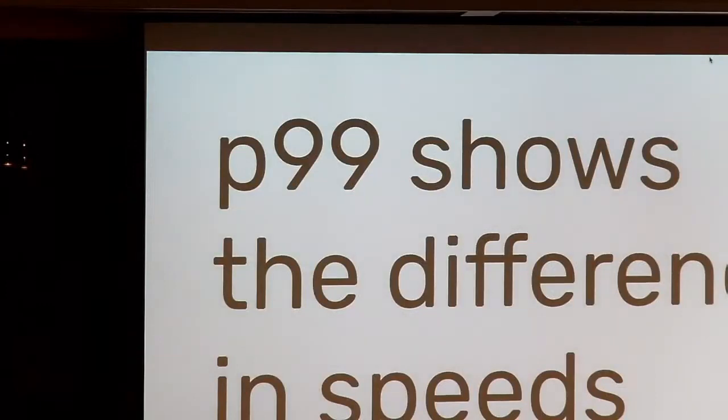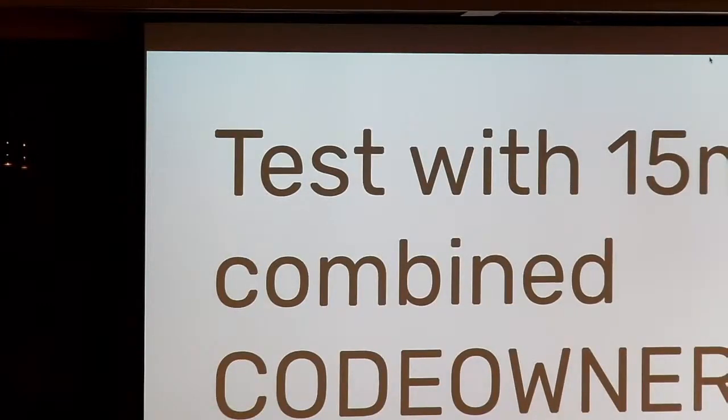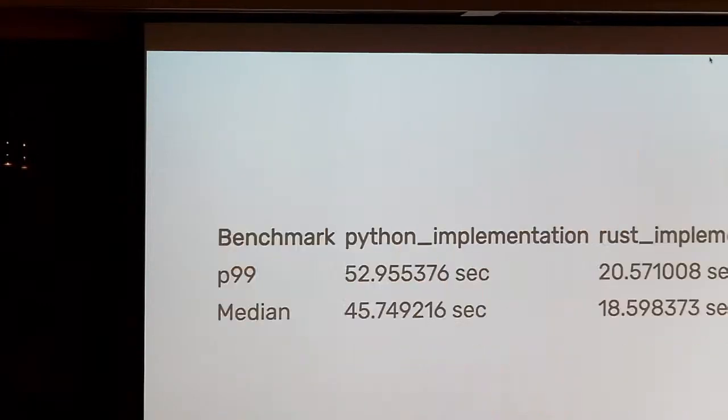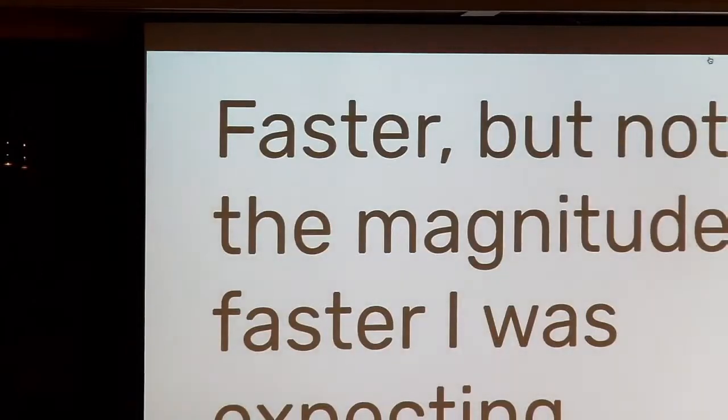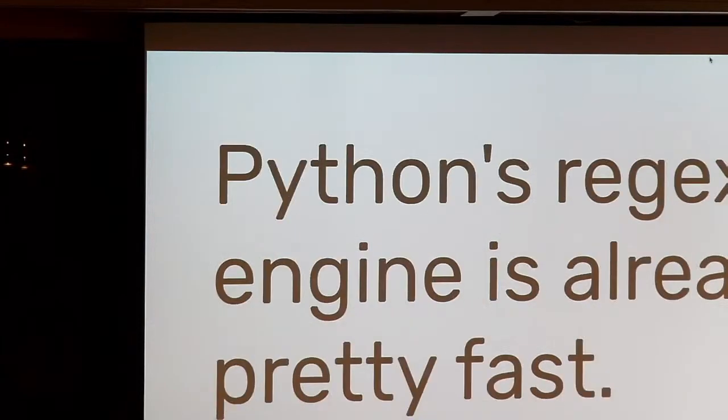When I test with the 15 megabyte code owners, you can really see the difference. It's faster, but the magnitude wasn't as much as I was expecting. Python's regex engine is already pretty fast and optimized for speed.